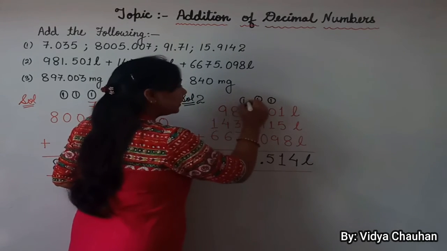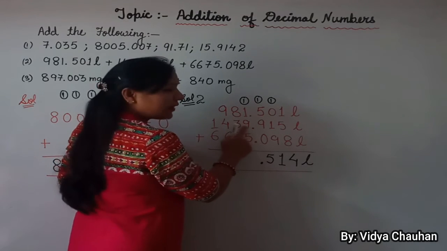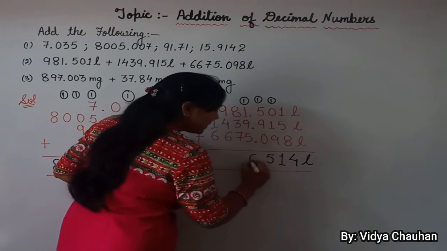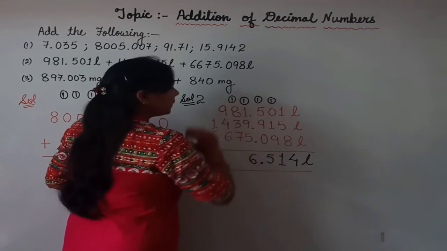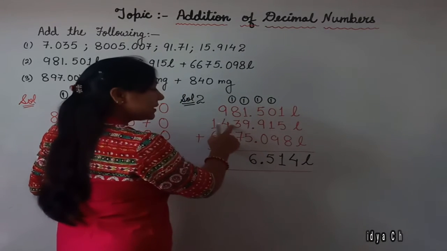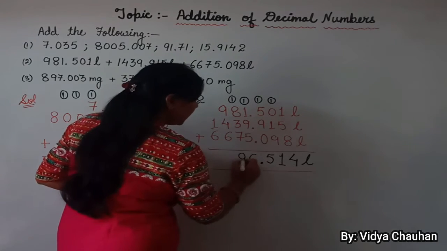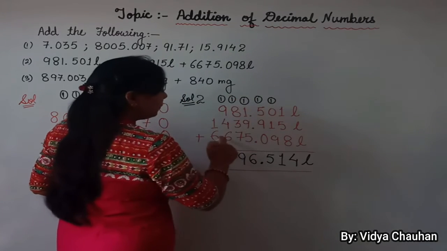Decimal. 1 carry forward. 9 plus 5, 14 plus 1, 15 plus 1, 16. 1 carry forward. 7 plus 3, 10 plus 8, 18 plus 1, 19. 9 will be here. 1 carry forward.